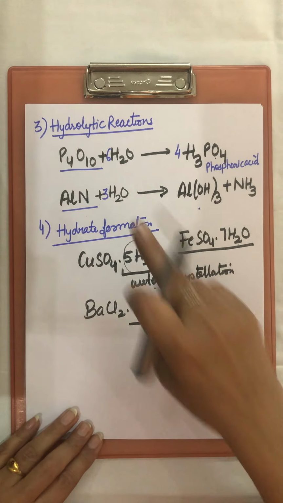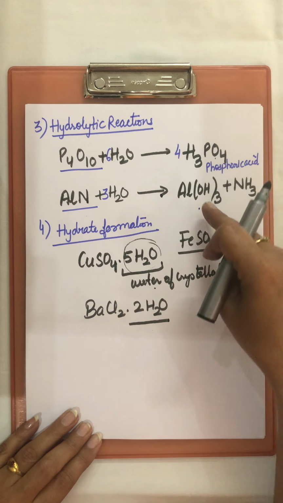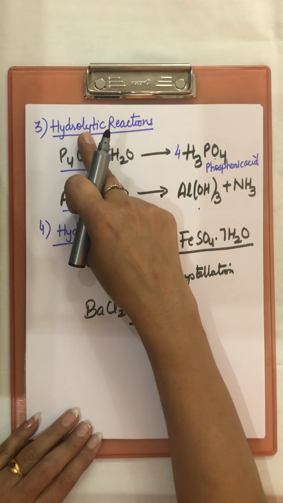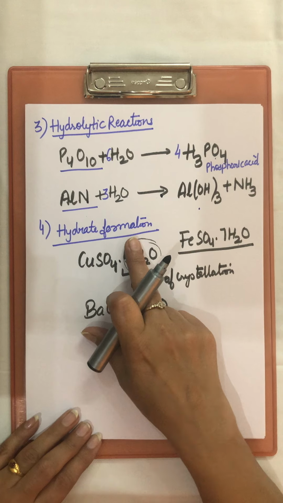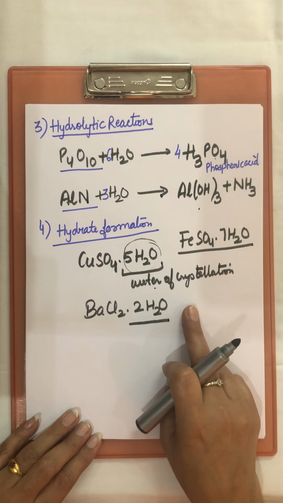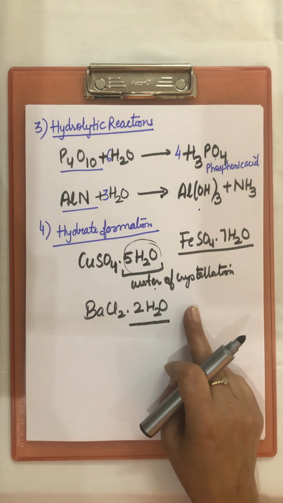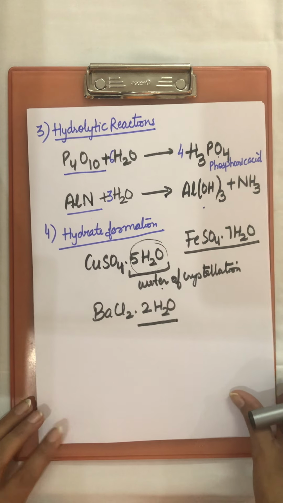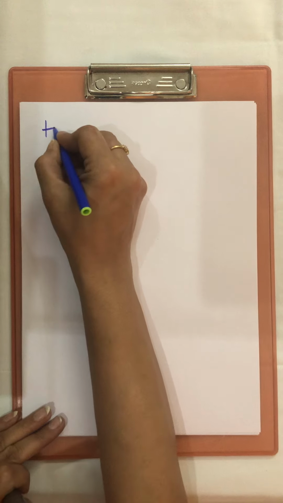Third, water reacts with compounds to form acid or base; these reactions are called hydrolytic reactions. And if water is present as it is in the compound as water of crystallization, then that is called hydrate formation.